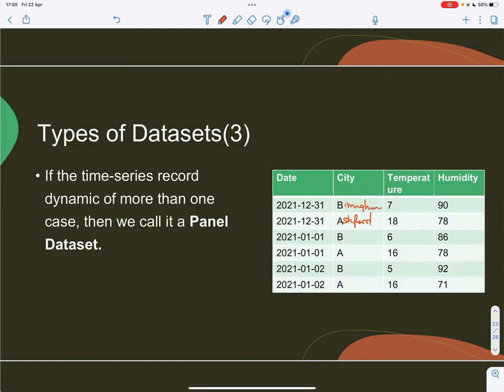And I have a friend in Ashford, and she records the temperature and humidity at the same time that I do here in Birmingham. In this situation, when we have more than one case, we are following more than one case over time. We call it a panel dataset. So a panel dataset is about following several cases over time.